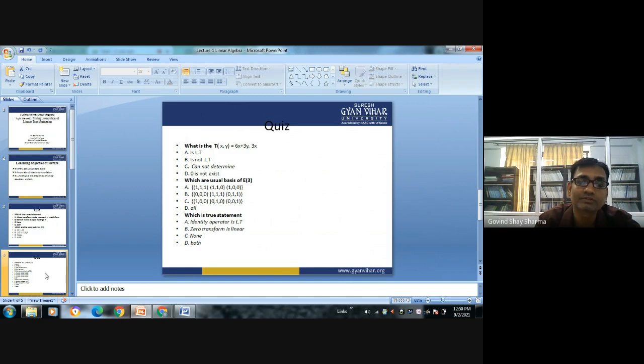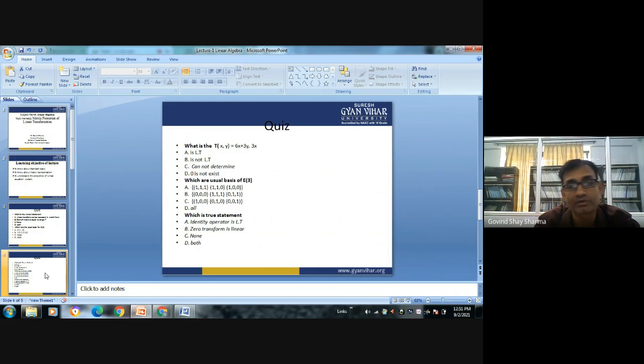Which is the usual basis of E3? The E3 has three tuples, but here all are three tuples. But the tuples in the form of 1, 0, 0 in x direction, 0, 1, 0 in y direction, and 0, 0, 1 in the z direction. In the three directions, the remaining coordinate axes are 0. So 1, 0, 0, 0, 1, 0, and 0, 0, 1. This is the right option. So option C is the right option, because we can form all the elements of E3 by this basis.